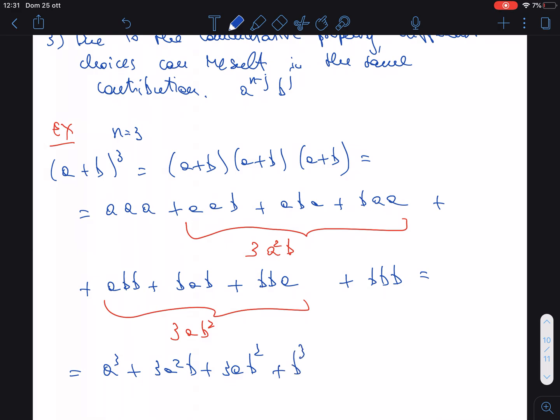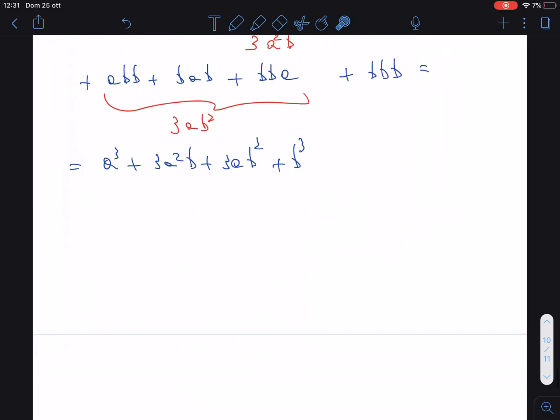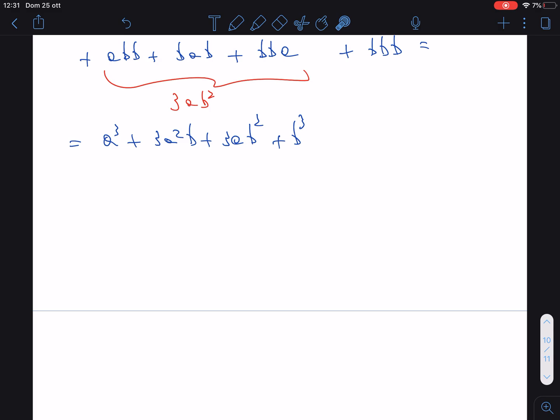From this example, probably you see very well what the binomial coefficient is. The binomial coefficient is just, here for instance, the number of possible choices that give you the same terms. This is just what I said in the previous general example. Okay? So, this is a nota bene.